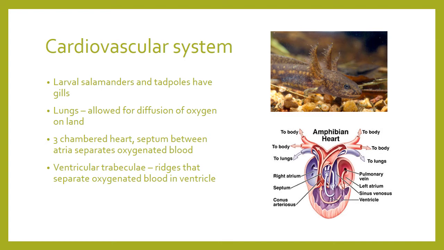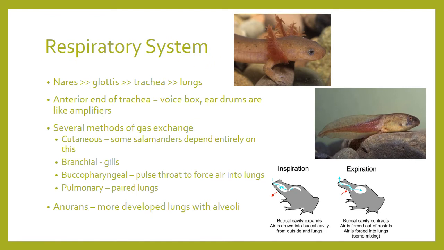Since it's only 3 chambers, the ventricle does mix the oxygenated and deoxygenated blood, but most amphibians have ventricular trabeculae, ridges that separate the ventricle so that it keeps the oxygenated blood somewhat separate from the deoxygenated.